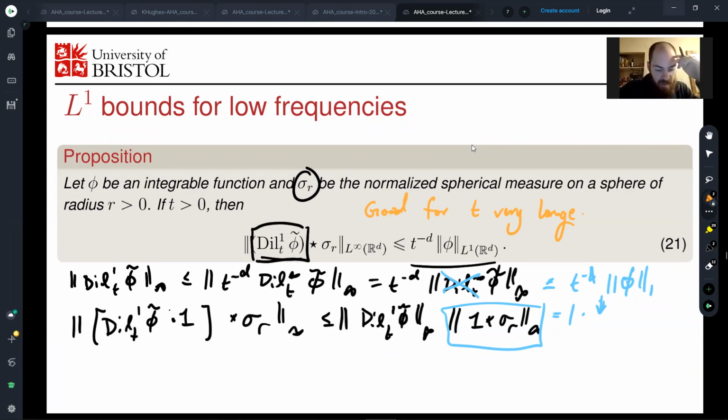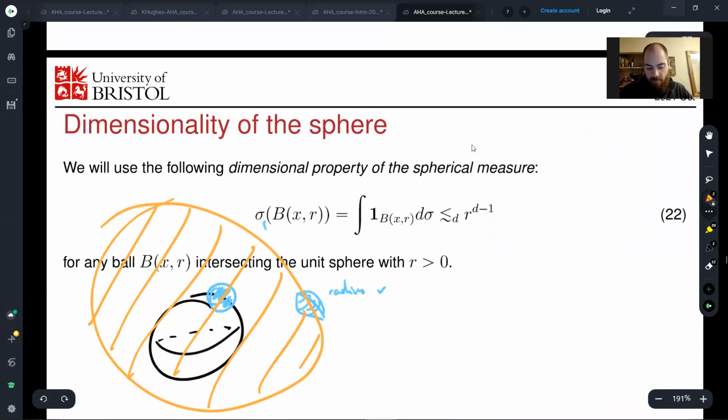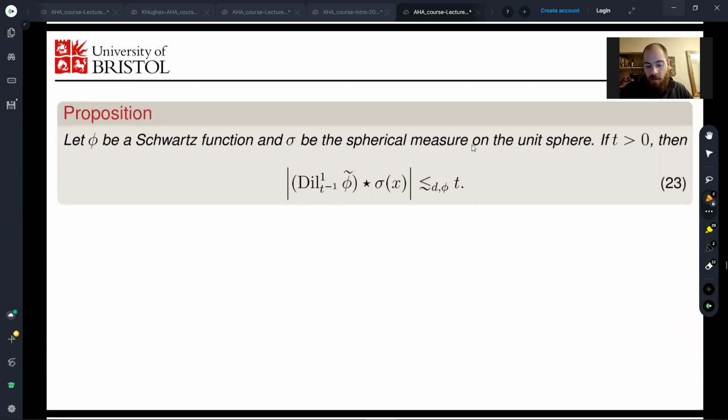This phi isn't the same as the previous phi, right? If I plug in the right version of it though, I'm looking at the right dilations of sigma r, and I'm showing that in L1, I can measure the fact that this is a very shallow average of the spherical measure. And now when t is very small, I can show that it's also quite small.